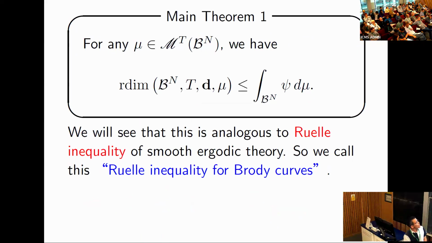Okay, now I can show you our main result. Main theorem 1. For any invariant probability measure mu on the space of Brody curves, its rate distortion dimension is always bounded by this integral. This is our first main result.